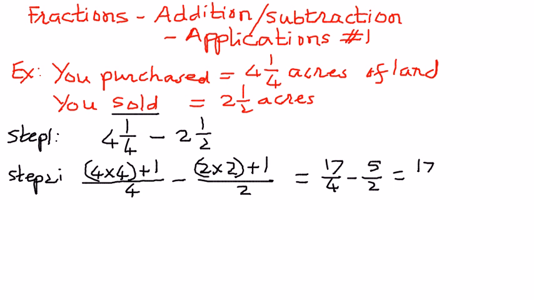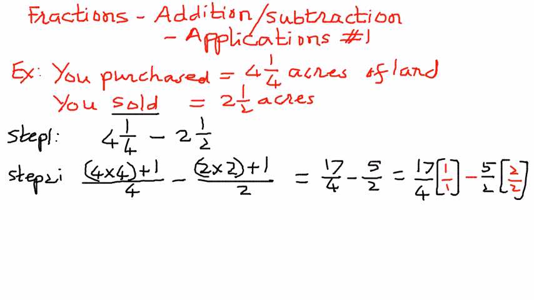So we're going to write the first fraction as is, or we can say we're going to multiply and divide that by 1, which doesn't change the expression. The second fraction we have is 5 over 2, and we're going to multiply and divide this by 2, which makes it a common denominator of 4.